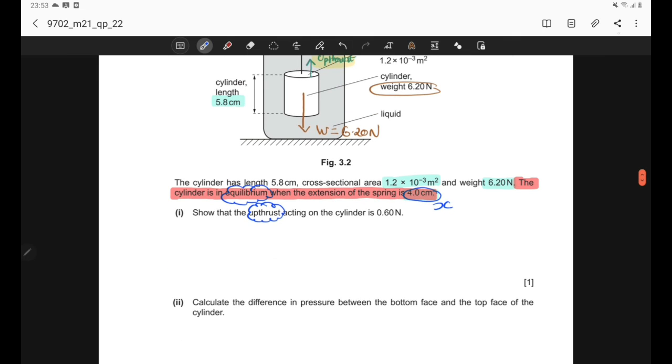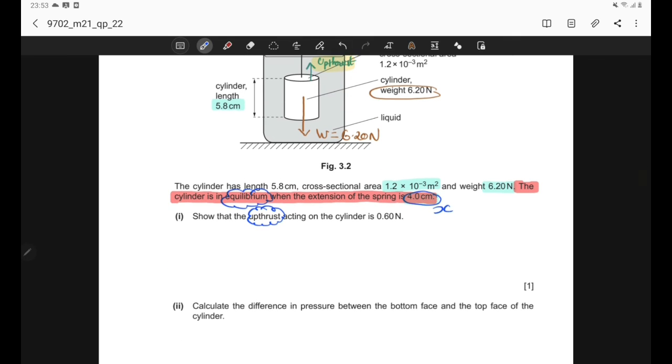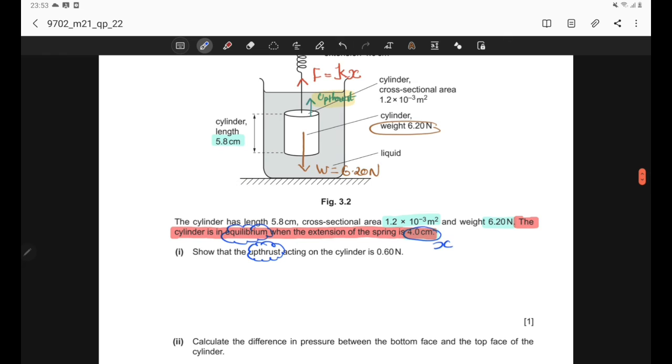That is when equilibrium, we know that the total upward forces acting on the cylinder will be equal to total downward force. So here weight of the cylinder, which is the only force acting downwards, it must be equal with the upward forces, that is the force on the spring plus upthrust.